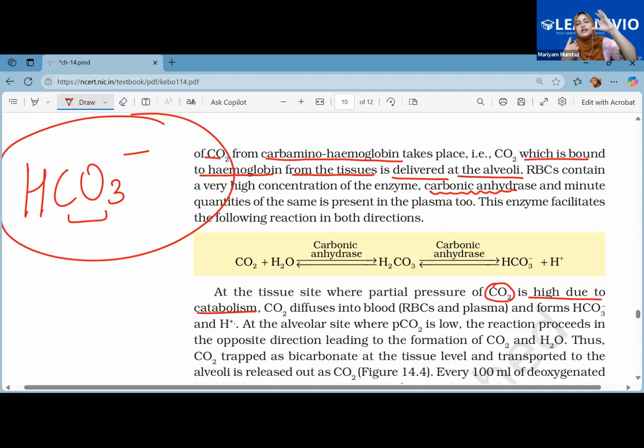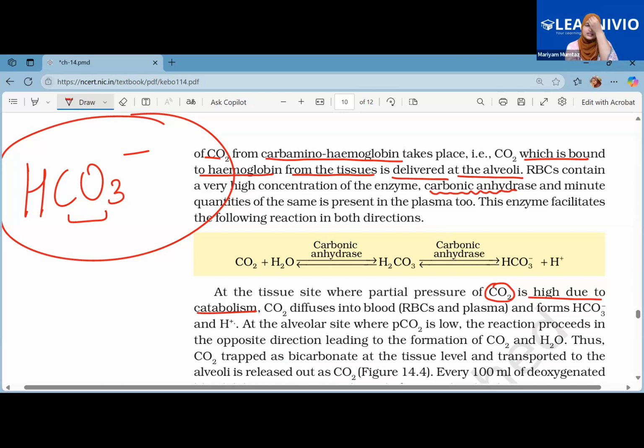So, the carbon dioxide which is present starts to combine with the water molecule that is there in our body with the help of the enzyme called carbonic anhydrase. This enzyme is present in the RBC. So this enzyme will help the CO2 molecule to combine with the water to make H2CO3. This is a compound.